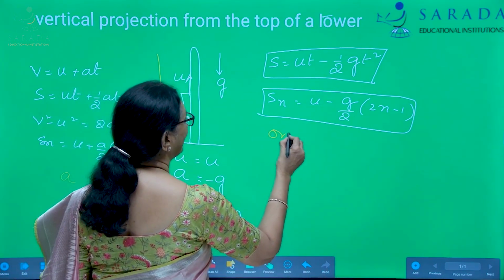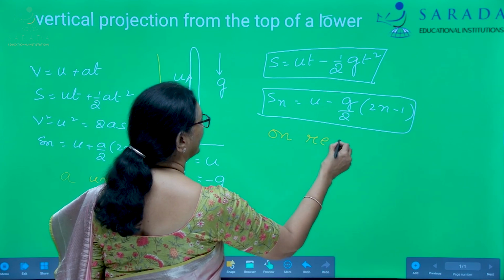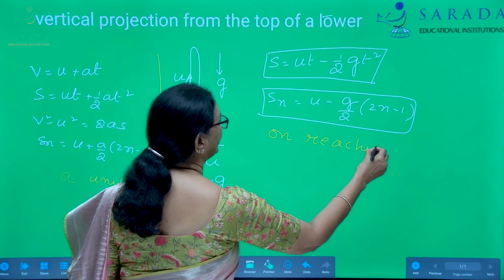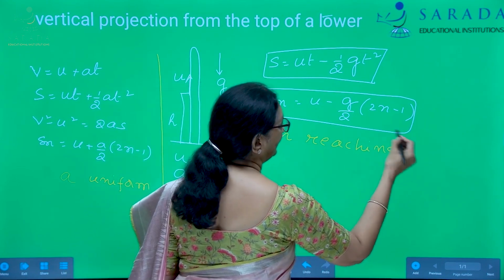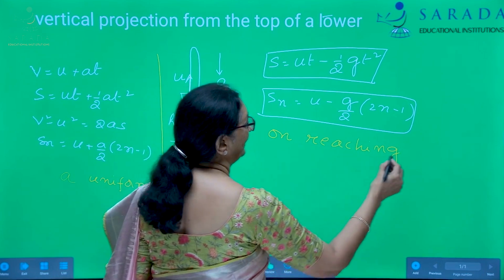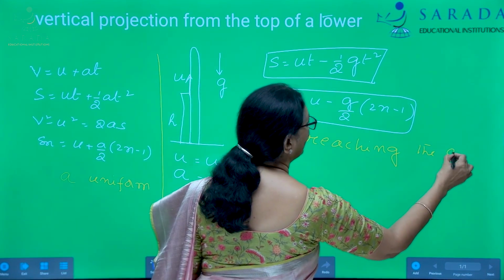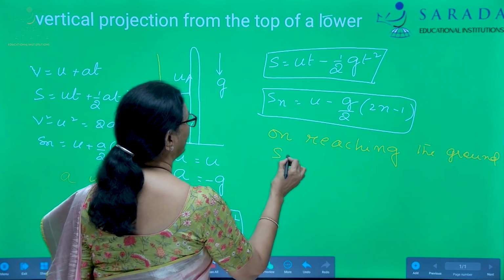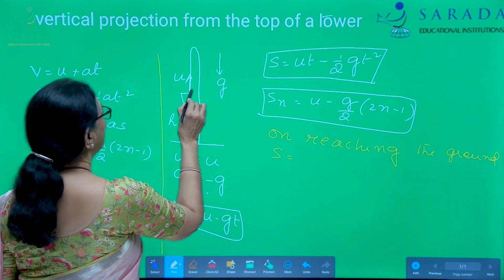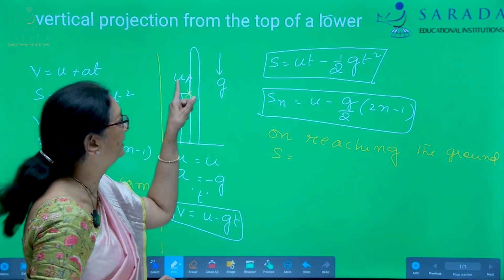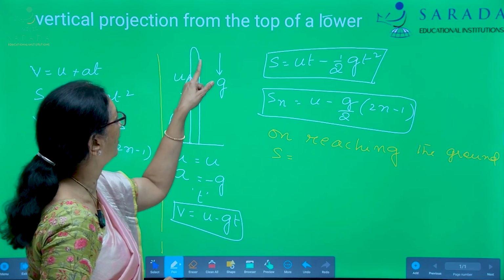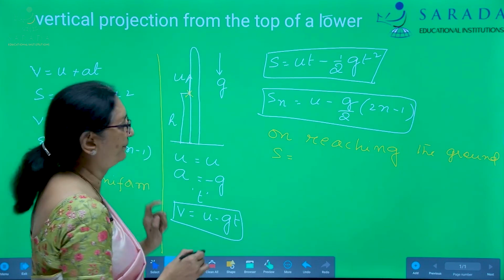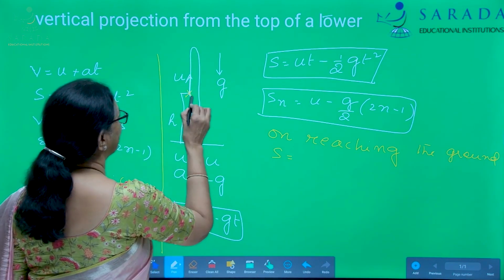A body projected from the top of the tower finally reaches the ground. On reaching the ground, what is the displacement of the body? You have projected the body from this point, it travels along that path and finally reaches the ground.